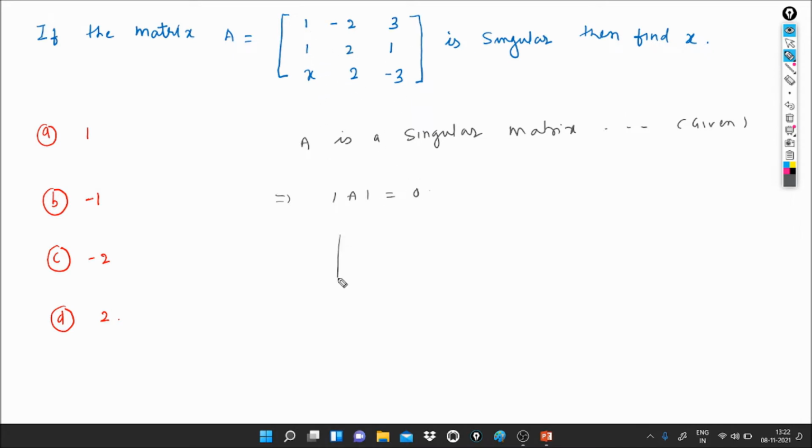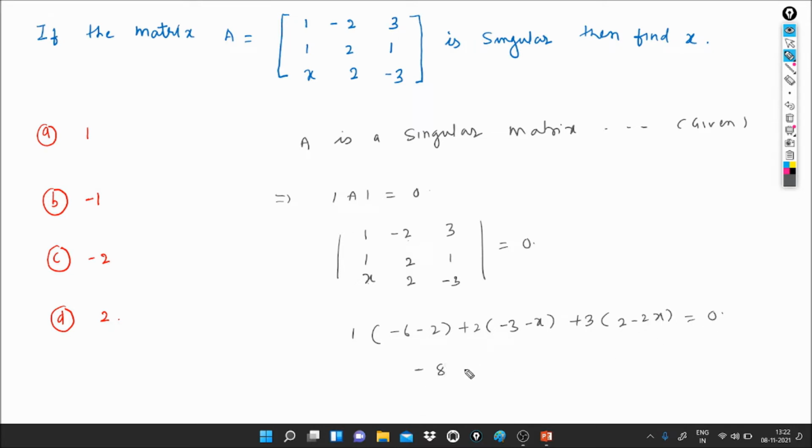So it will be 1, 1, x, minus 2, 2, 2, 3, 1, minus 3 is equal to 0. So 1 into, expanding along the first row, it will be minus 6 minus 2, minus, plus 2 into 1 into minus 3 minus 3 minus x, plus 3 into 2 minus 2x is equal to 0.